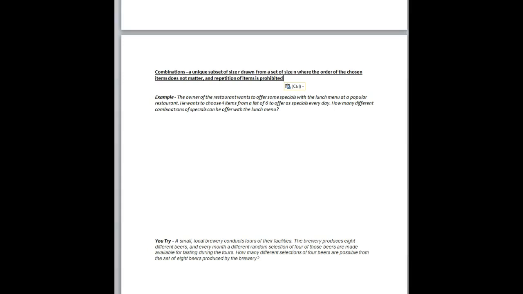If you had your PowerPoint slide following along, you would see that the formula here is called n choose r, where n and r are subscripts, and the formula for that is just n factorial over r factorial times (n minus r) factorial.